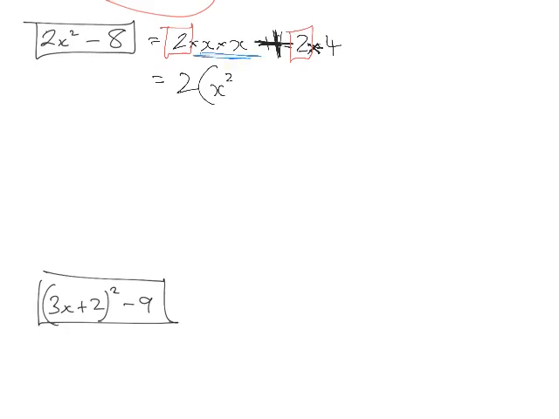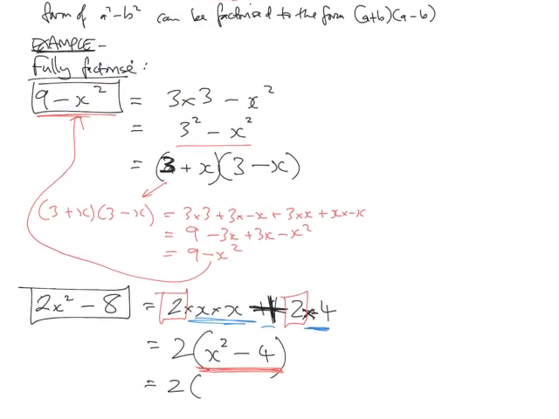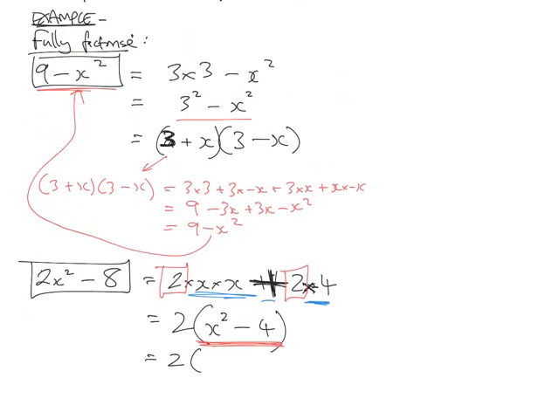That's that. And plus negative 4 is the other thing left over, so take 4 is what I have left over. So now you see you have two situations here. You've got 2 outside of the brackets, but this x squared take 4 is the same situation as this. It's something squared take something else squared.